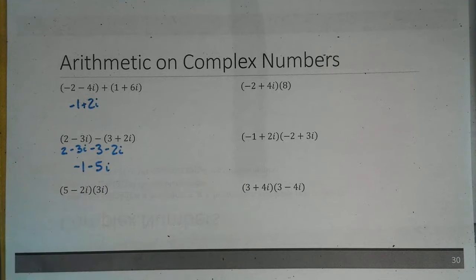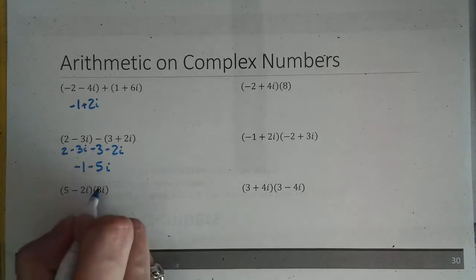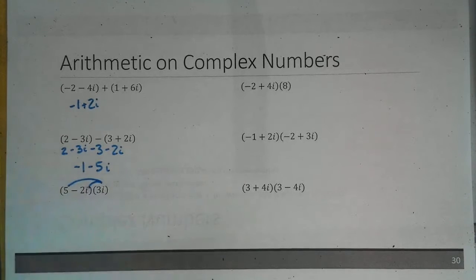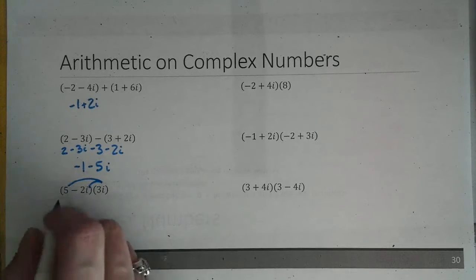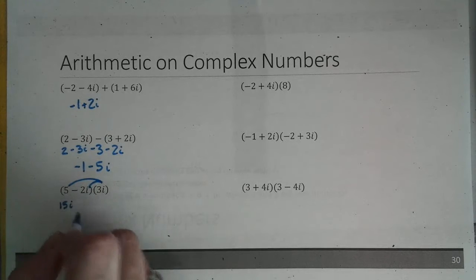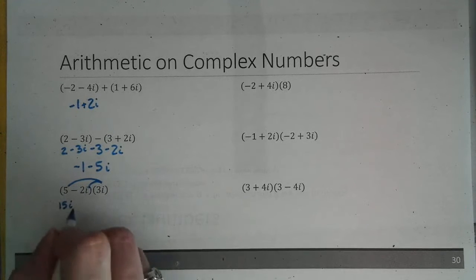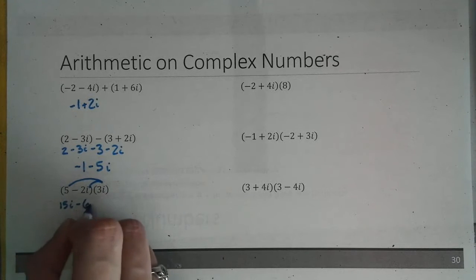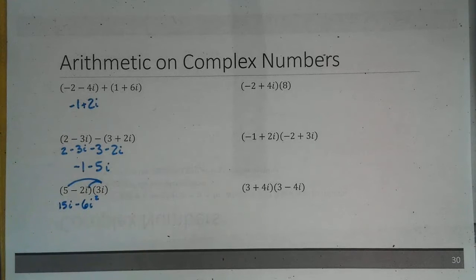Next up, I have (5 minus 2i) times 3i. That 3i is going to have to get distributed. I know it's out back, but it's still multiplied by everything in those parentheses. 5 times 3i is 15i. -2i times +3i is a -6i squared. But I never want to see an i squared in your answer. i squared is equal to -1.